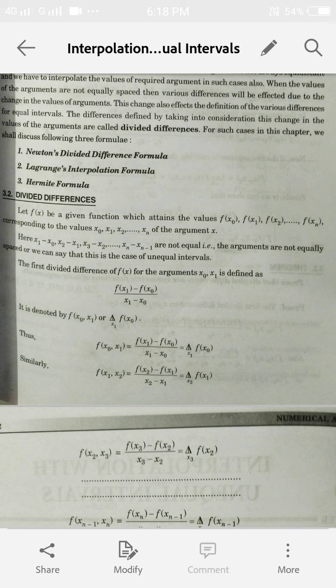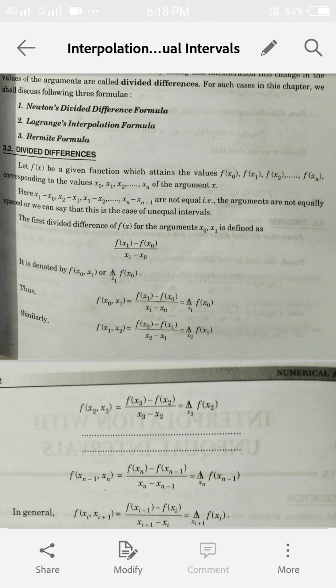Here we can denote it by f(x0, x1), or by a triangle symbol, divided into two parts, where we write f(x0) and over the triangular part we write x1. So this is the notation for the divided difference of x0 over x1. We define f(x0, x1) as f(x1) minus f(x0) upon x1 minus x0.